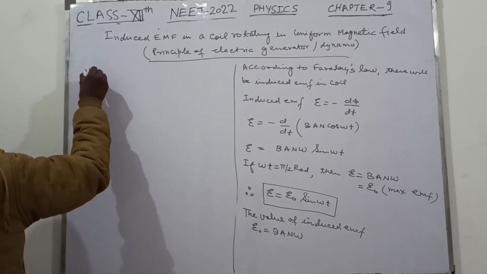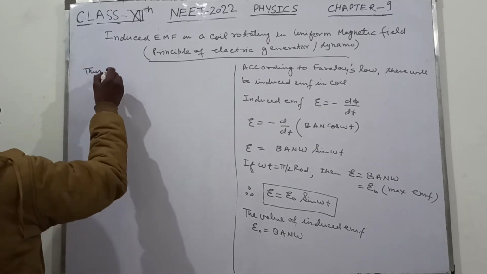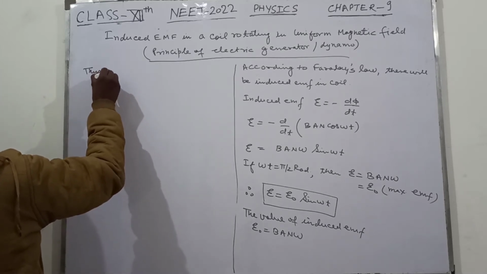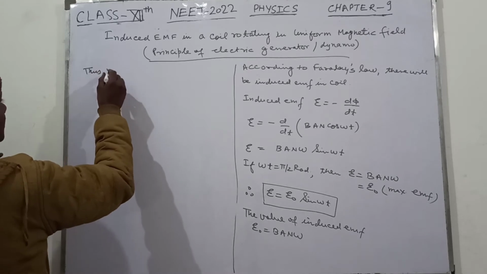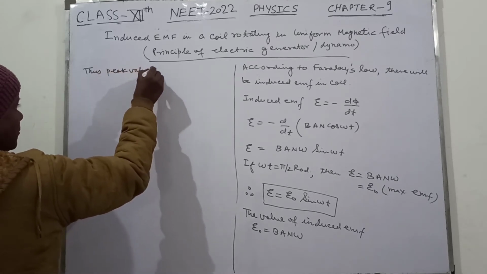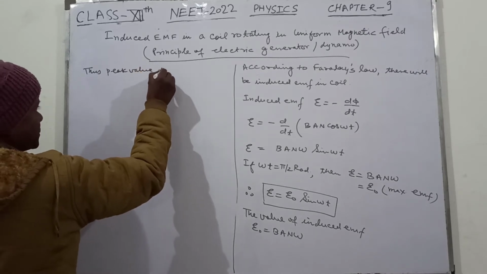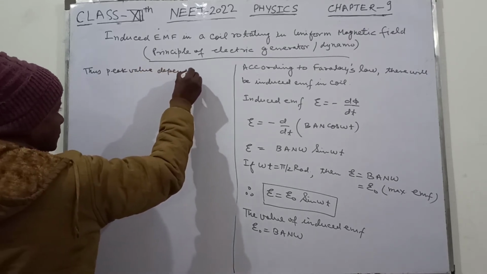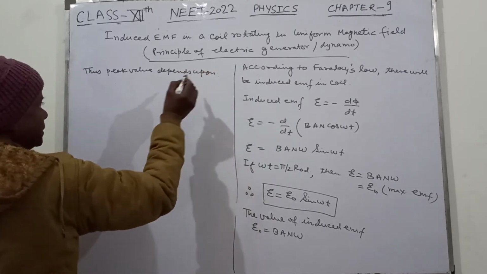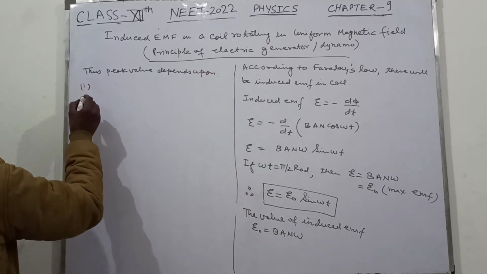Thus, E naught, the peak value, depends upon four factors.